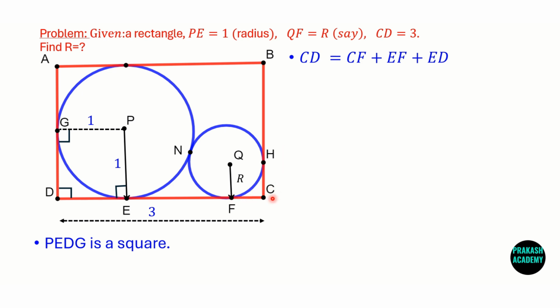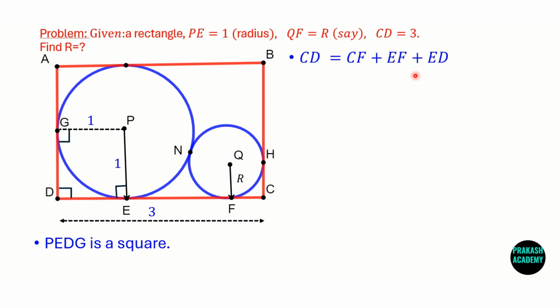Now what about FC? What is this length? Similar to this situation, if you drop a perpendicular from Q on side BC, then you can say that FCHQ is a square. This means all these lengths are equal, and this length is radius. So FC is equals to capital R and ED is equals to 1.